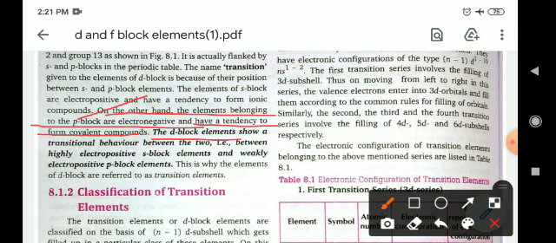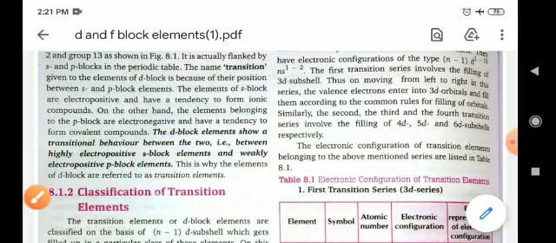The D block elements show a transitional behavior between the highly electropositive S block elements and the weakly electropositive P block elements. This is why the elements of the D block are referred to as transition elements.